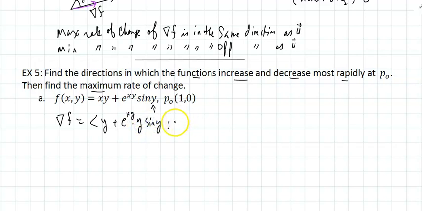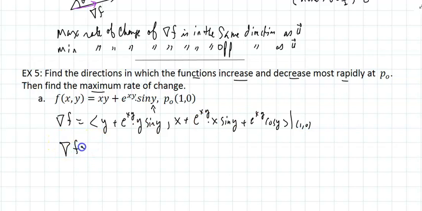Partial with respect to y, that will be x, and here I need the product rule. Derivative of the first is going to be e to the xy times x, the sine of y, plus e to the xy times the cosine of y. If I evaluate that at the point (1, 0), my gradient is going to be 0 for the first component, because y is 0.